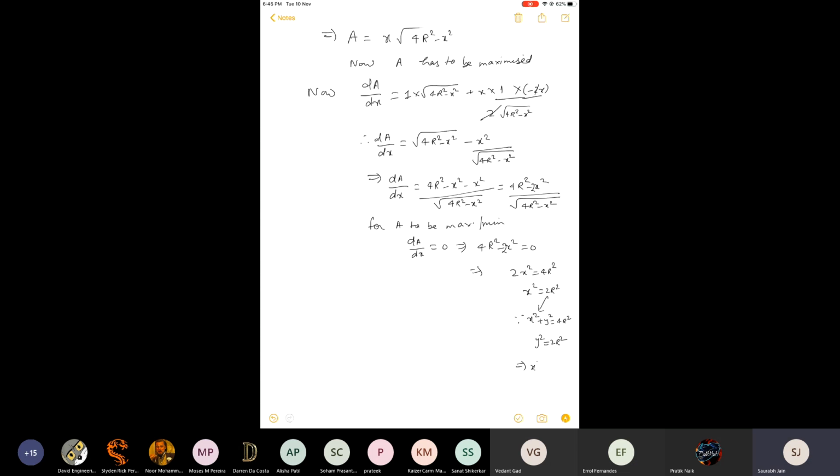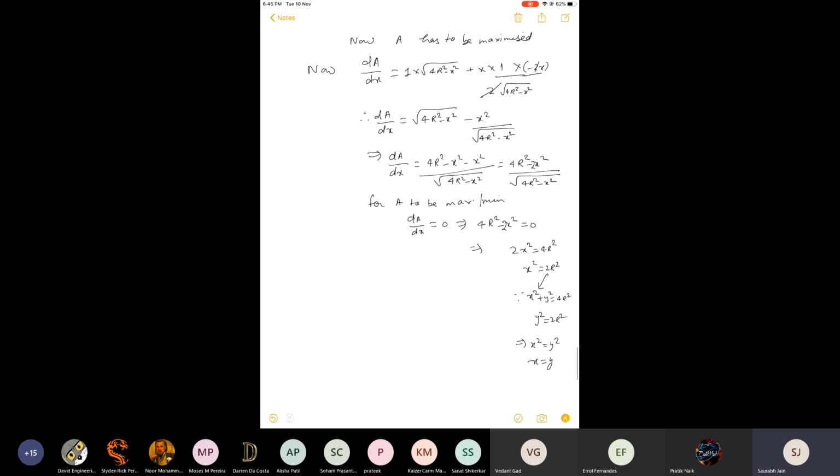That means x square is equal to y square, or x is equal to y, which means the rectangle is a square in this particular case. Why? Because if the adjacent sides are equal, then obviously the rectangle will be a square. I took x and y as the dimensions of the rectangle and they are coming out equal, so it will become a square.